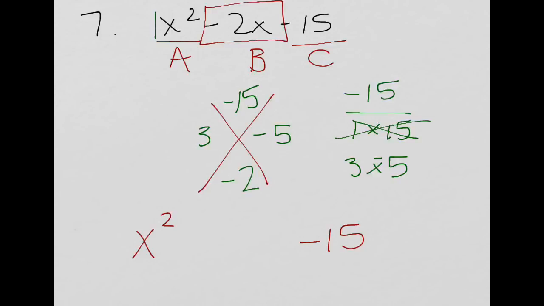My negative 2x is going to turn into a 3x minus 5x. And then in just a minute, we're going to continue those and go ahead and factor them. But right now we're just going to pause there. So what I did is I rewrote that middle term so that now I have 4 terms.